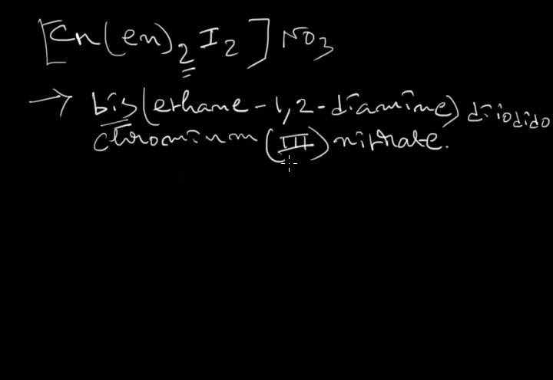Chromium, and its oxidation number is 3 because I contains 1 minus charge, 2 I minus are there and 1 NO3 minus, so total negative charge is 3 minus, therefore the oxidation number of chromium is 3 and the name is bis(ethane 1,2-diamine) diiodido chromium(III) nitrate.